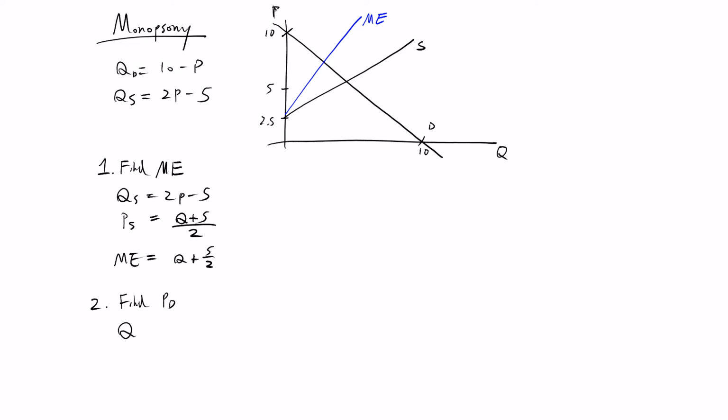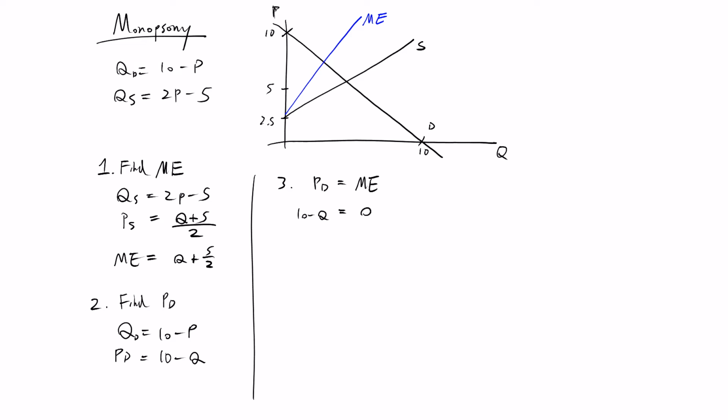So Q equals 10 minus P, and rearranging gives you PD equals 10 minus Q, and then you can equate demand and marginal expenditure, because they need to be in the same unit. Money equals money. You can't have quantity equals money.